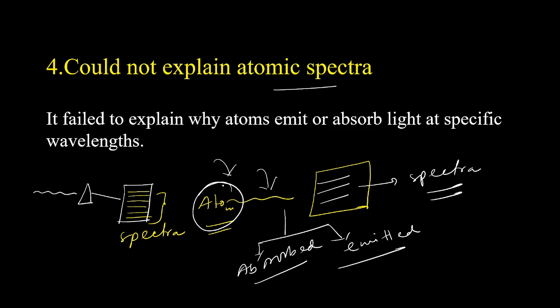So some spectra of the atom cannot be explained by J.J. Thomson's atomic model. J.J. Thomson's atomic model could not explain atomic spectra.